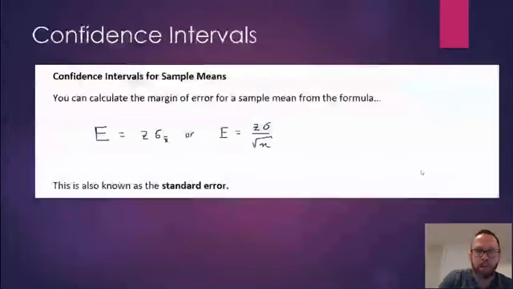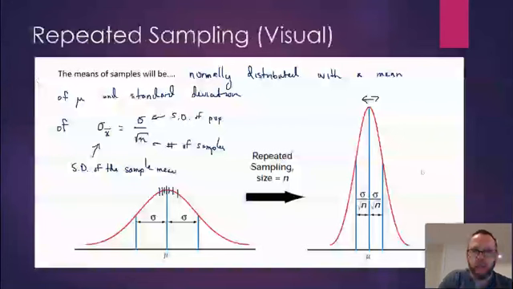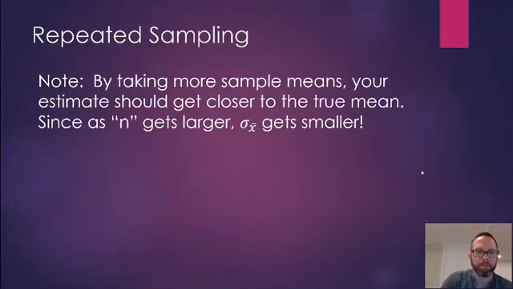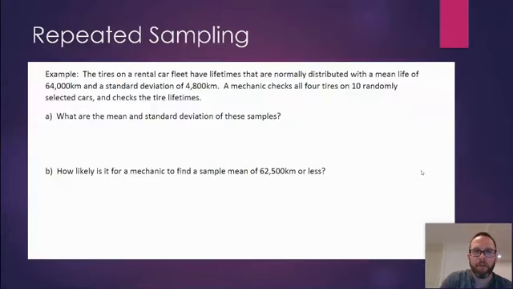We're not using the margin of error in this question. We're just talking about this idea that when we do repeated samples, the sample means get really tightly clustered together. Here we have the tires on a rental car fleet with lifetimes that are normally distributed with a mean life of 64,000 kilometers and a standard deviation of 4,800 kilometers.